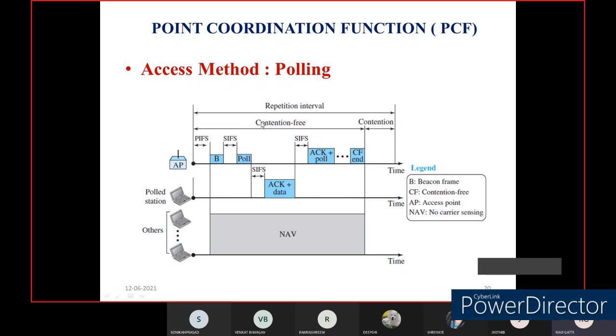In the contention free period, you can see the polled station and you have an access point. This access point has a provision to send the polling signals.